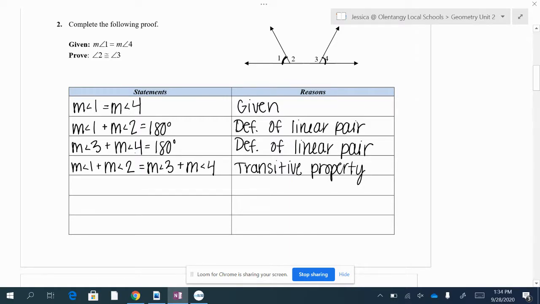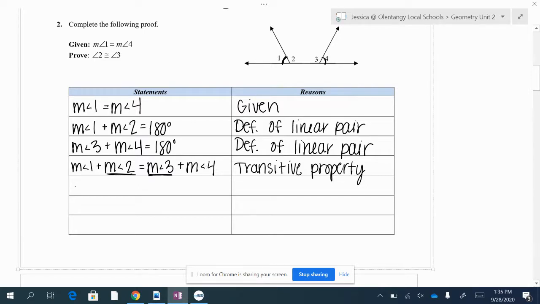And again, they're both set equal to 180, so I can go ahead and set the other side of the equation equal to each other. Here, I know that measure of angle 1 equals measure of angle 4, so I'm going to go ahead because I need to have 2 and 3 left over at the end. So I'm going to replace either measure of angle 1 here with measure of angle 4 or measure of angle 4 with measure of angle 1. It doesn't matter which one you do.